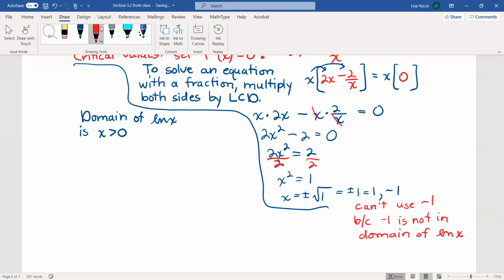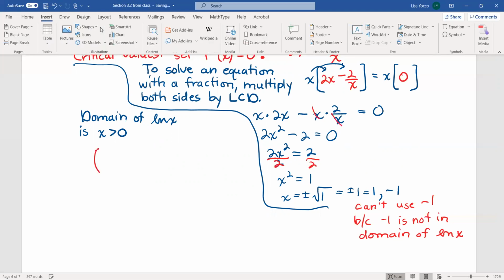And probably I should have started the whole problem by mentioning that. So when we do our sign diagram, remember how we draw a number line that represents the domain of the function. Most of the time it's all real numbers, but with a log function, it's going to be restricted.